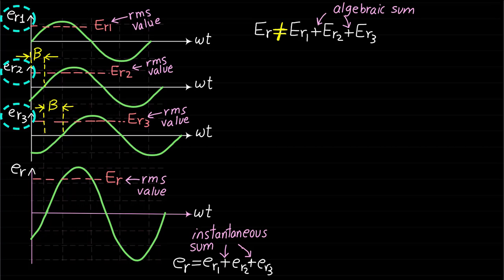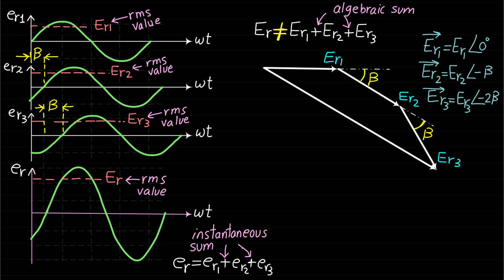In other words, they are shifted from each other by the electrical slot angle beta. Basically, distributing three coils in three slots that are shifted by slot angle beta will induce three voltages that are shifted by the angle beta. Let's explain this statement in more detail using this phasor diagram.